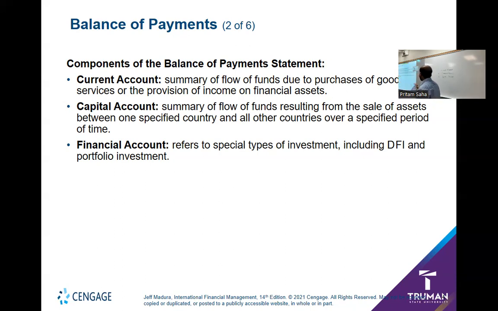So capital account records all of those transactions from the sale of assets because you're moving out, because you want to transfer from one country to another. So capital account is basically kind of a financial account, but you can think of it as a very specific version of financial account. So any questions? Current account, capital account, financial account.